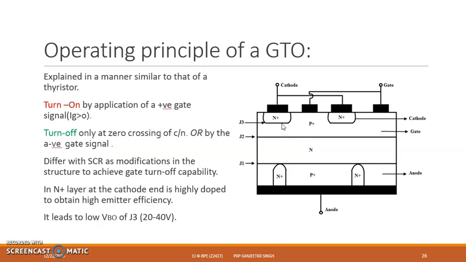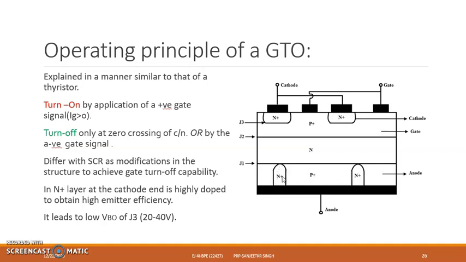J3 will have a low breakover voltage of 20 to 40 volt. This is the construction diagram, and here we find the finger-like projection of the n plus layer. These layers project inside in a circular manner, and they are interdigitated with an n plus p plus n plus p plus structure, thus shorting the anode.